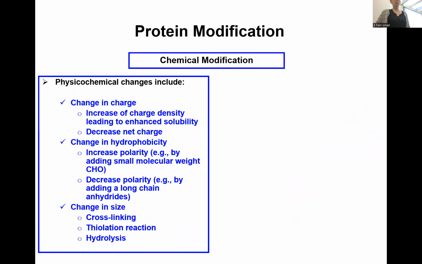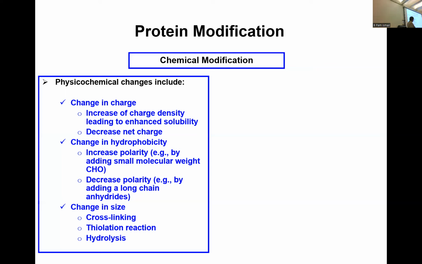So the idea of chemical modification is we want to change the charge. Either we decrease the net charge or we increase the net charge, decrease or increase hydrophobicity or hydrophilicity. If we want to increase hydrophobicity, we can add long chain anhydrides or hydrocarbons. If we want to increase the polarity, we might add small molecules like small carbohydrates, or charged molecules that would add to the net charge.